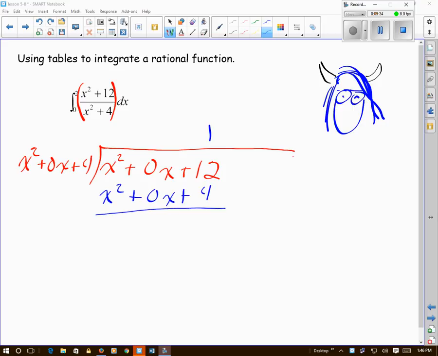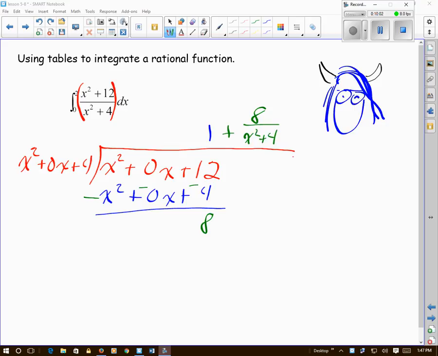And we change the signs and add, and we end up with 8. So what do we really end up with as an answer here? It's 1 plus, now we don't want a remainder, 1 plus 8 over x squared plus 4.